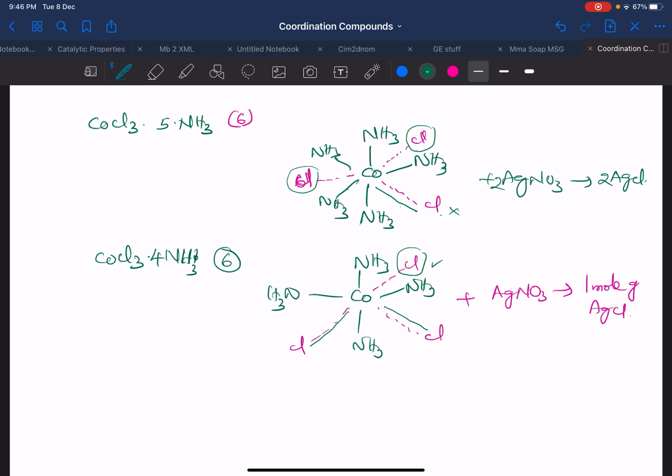And another one is CoCl3·3NH3. It has only 3 ammonia molecules, and 3 chloride ions are also present.